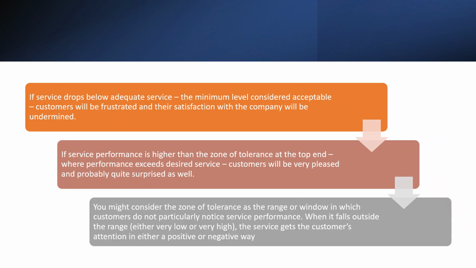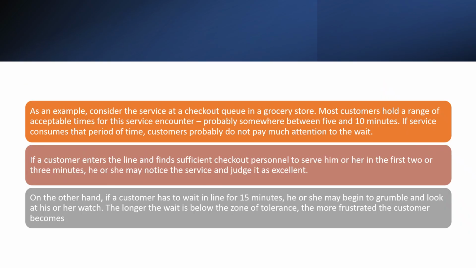We shall see a figure after this slide. You might consider the zone of tolerance as the range or window in which customers do not particularly notice service performance. When it falls outside the range, either very low or very high, the service gets the customer's attention in either a positive or negative way. I tried to put in one example. You can always go through it.